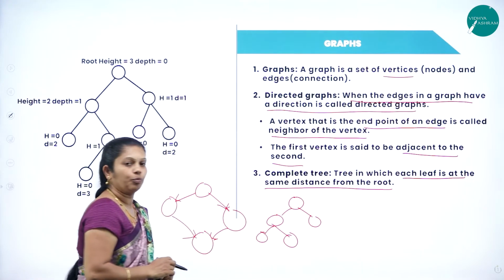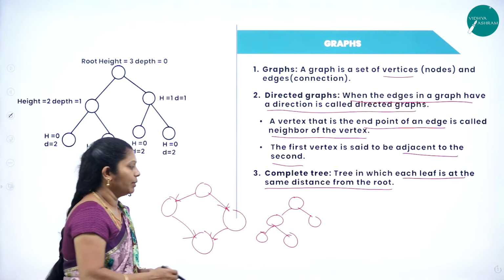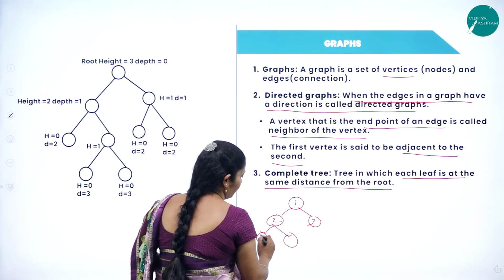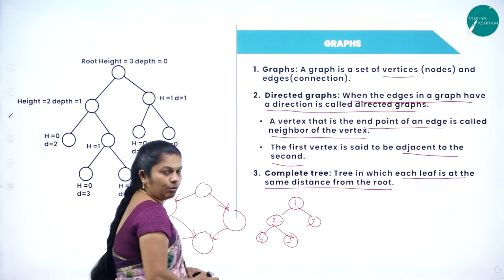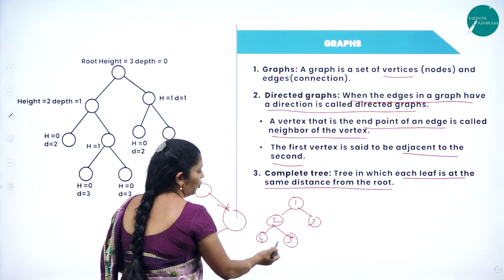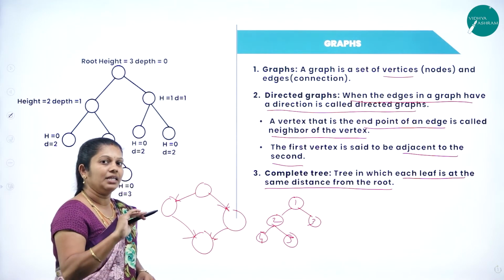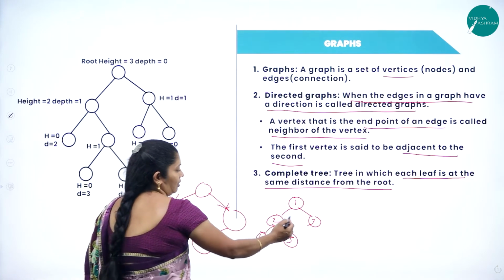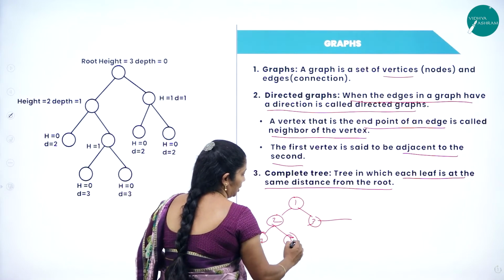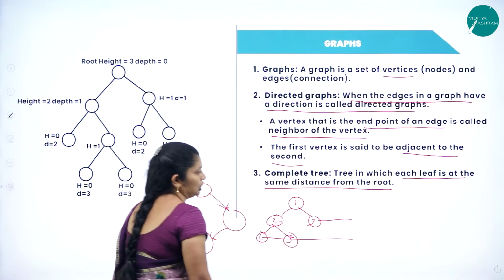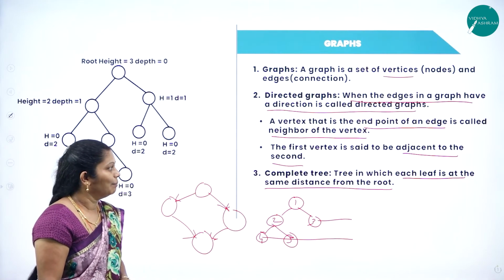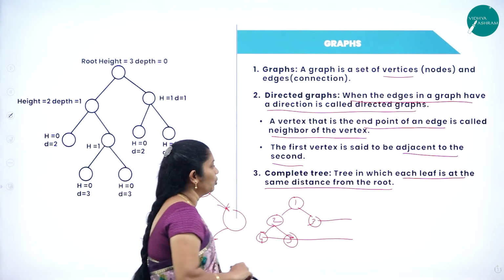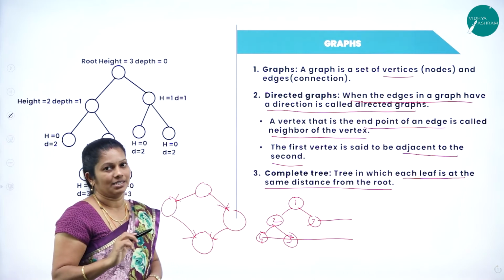This also cannot be called a complete tree because, for example 1, 2, 3, 4, 5, the leaf nodes are 3, 4 and 5. But not all the leaf nodes are at the same level. See, 3 is at the first position, 4 and 5 at the second position. Then it cannot be called a complete tree. In a complete tree, each leaf node must be at the same distance.